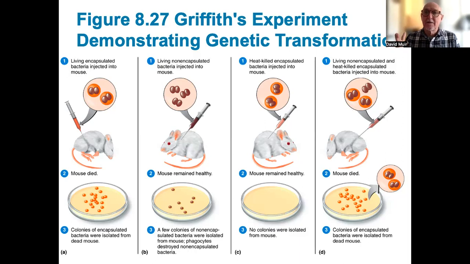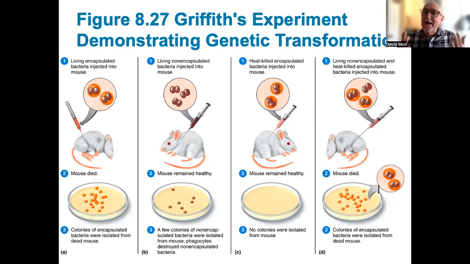He realized, of course, that there was something genetic going on. There is information contained in the smooth cells, which confers the ability to make a capsule and be pathogenic. That is lacking in rough. But when he mixes the two cultures, dead smooth, their DNA, the genetic hereditary material, is not dead.